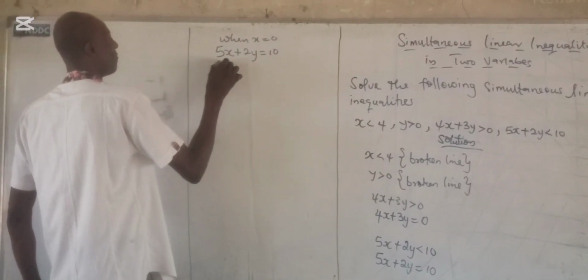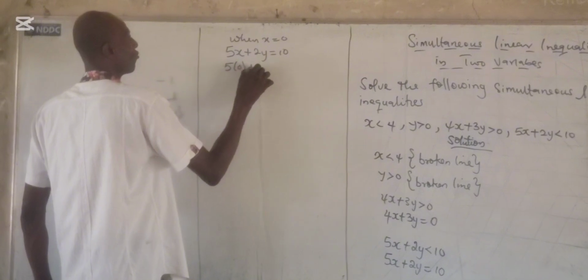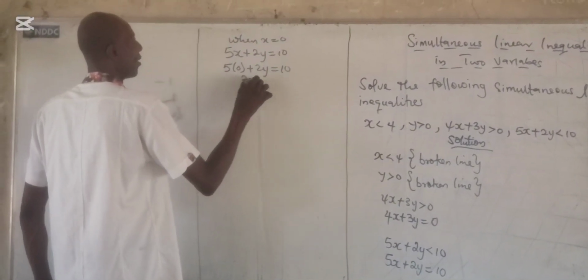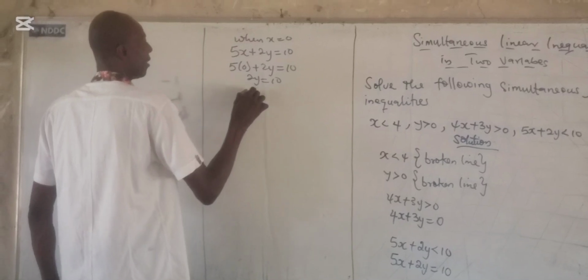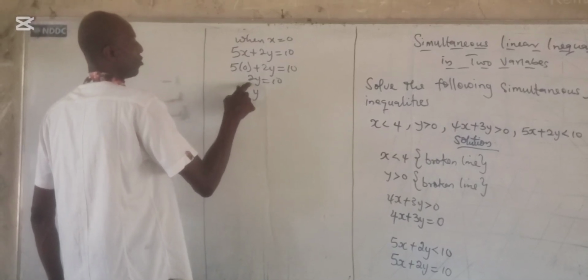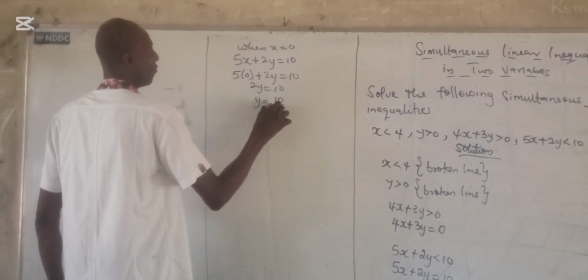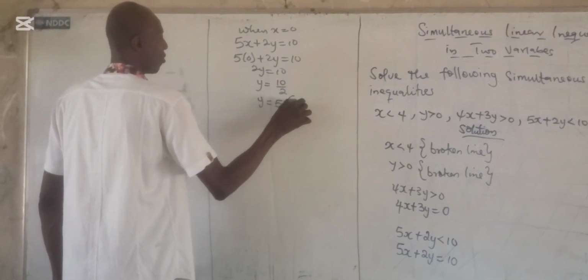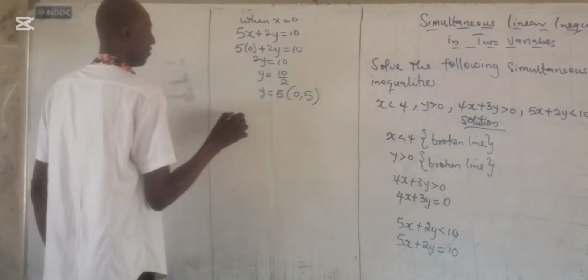So there will be 5 bracket 0 plus 2y is equal to 10. So 2y is equal to 10. Then let's divide both sides by the coefficient of y, which is 2: y is equal to 10 over 2, and y is equal to 5. So when x is 0, y is 5.